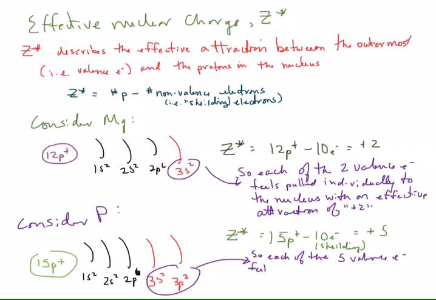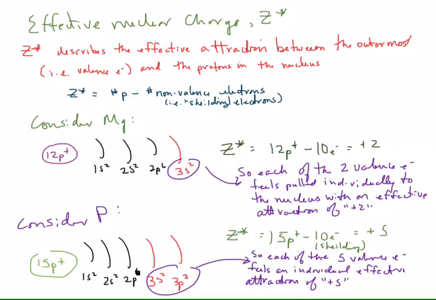So for that reason, those 5 valence electrons are pulled in more tightly to that phosphorus atom than those 2 valence electrons for the magnesium atom. They get to kind of fluff out because they have a smaller effective nuclear charge.